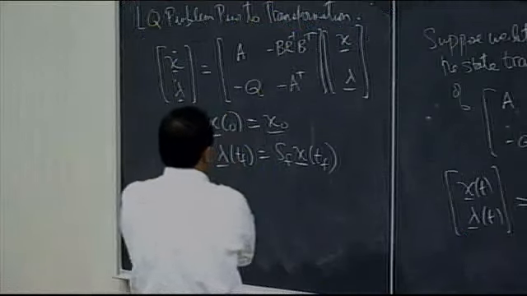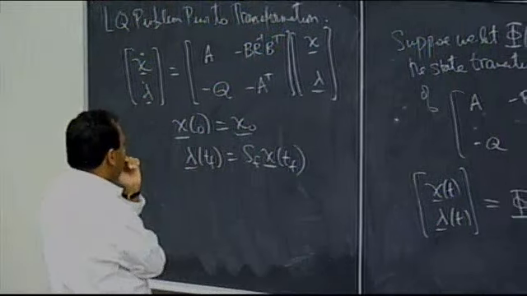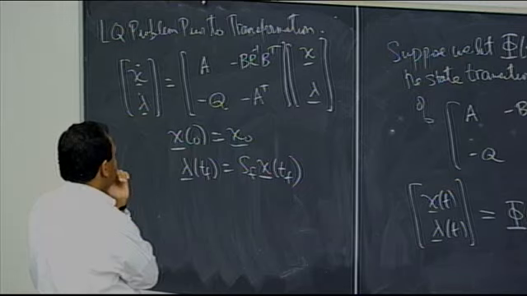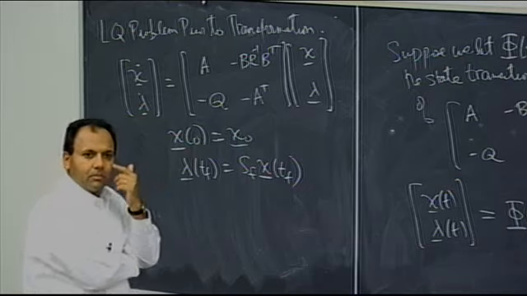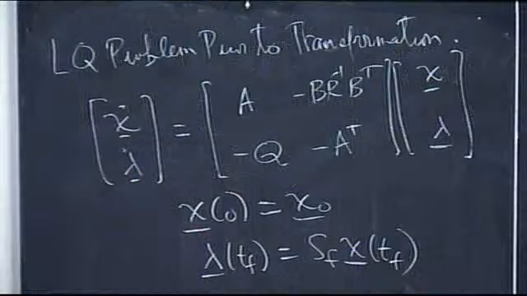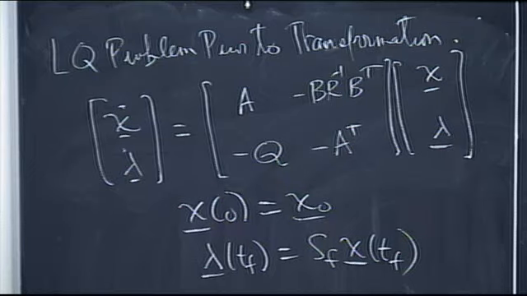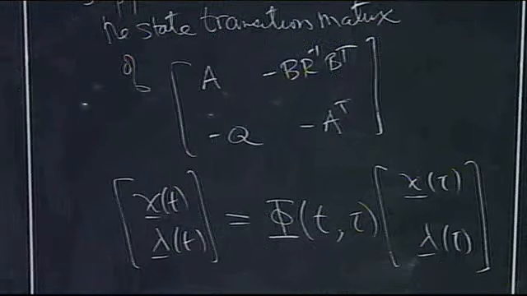Is there any issue? The boundary conditions, right? Well, what's the problem with the boundary conditions? What boundary conditions am I given at the initial time? X. I don't have anything about lambda, right?